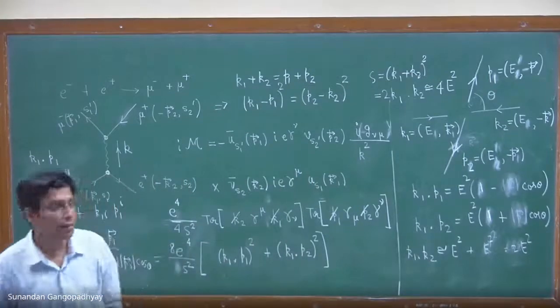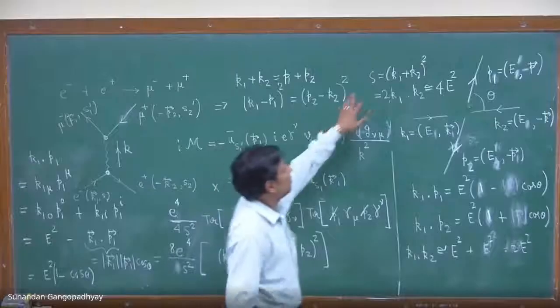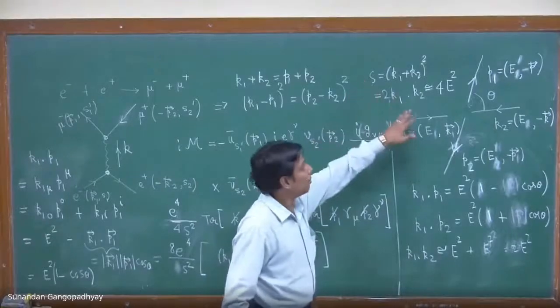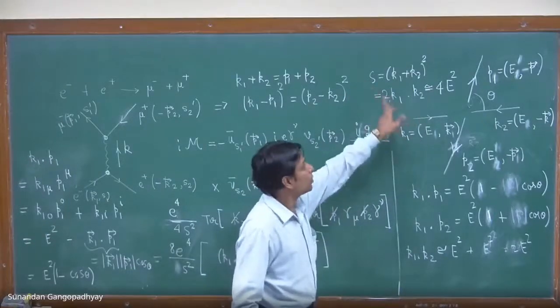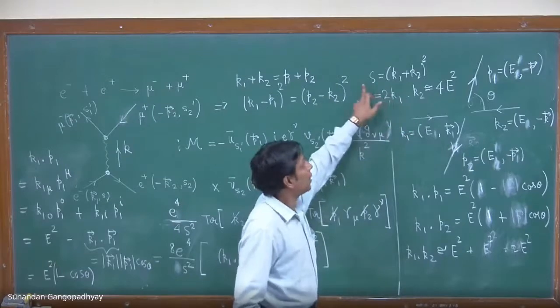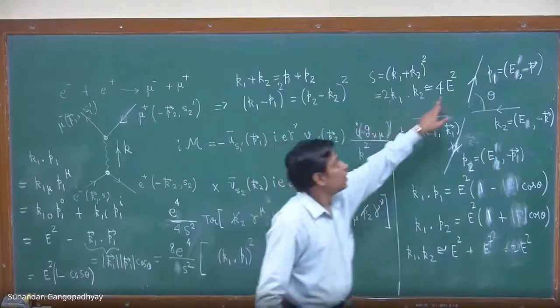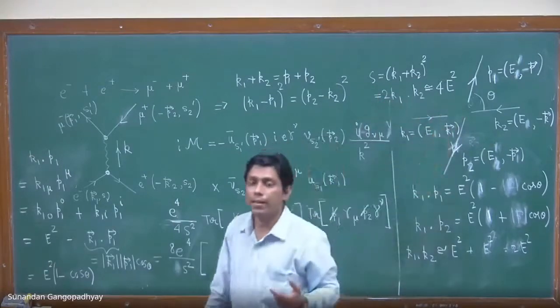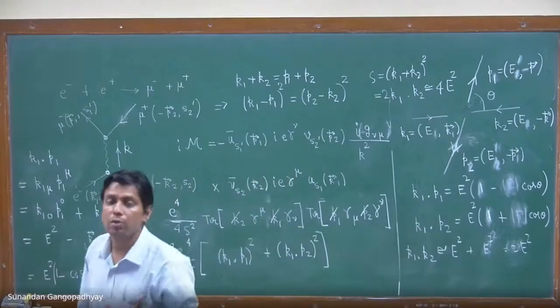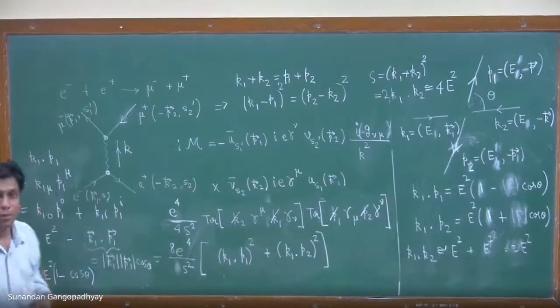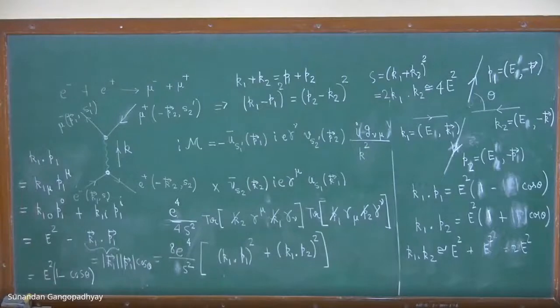If you take the square root of both sides of this equation, you will get square root of S by 2 is equal to E. So the center of mass energy is basically proportional to the square root of S. That is the physical meaning of the Mandelstam variable S.